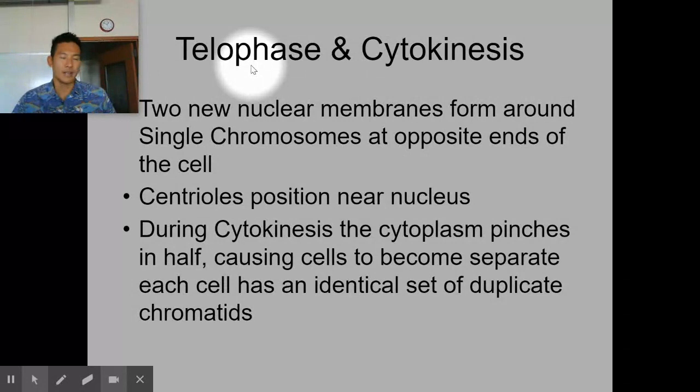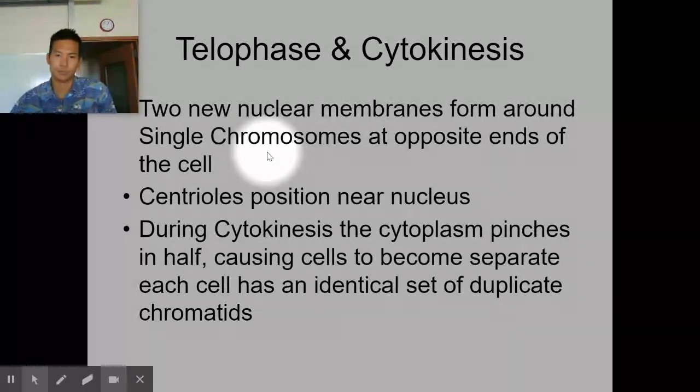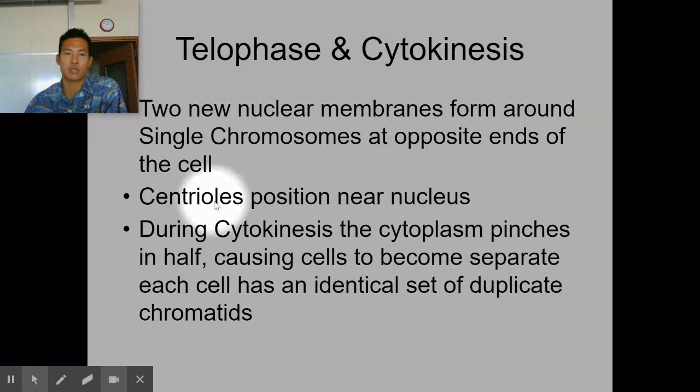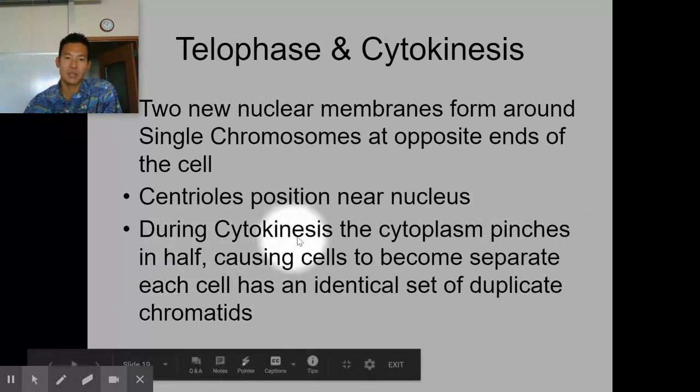Again, the main characteristic is what happens to the DNA. Two new nuclear membranes will begin to form around the single chromosomes at the opposite ends of the cell. Centrioles will start to disintegrate and break down all of the spindle fibers. They will rest next to the newly formed nucleus, and then cytokinesis happens.